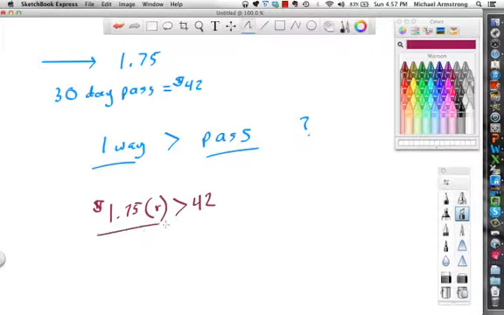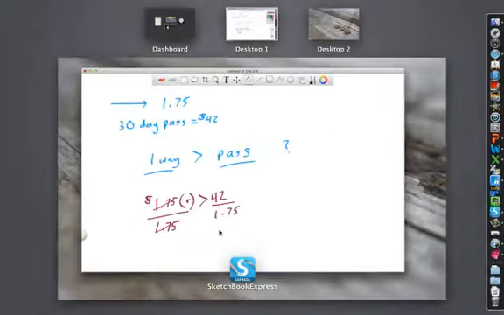And so really what we have to do is use division, divide both sides by $1.75. And this is when a calculator works really good, because it's a little hard in your head to figure out 42 divided by 1.75. It's okay to do the long division there, but it's also okay to use your calculator. So we're going to remember that it's 42 divided by $1.75.